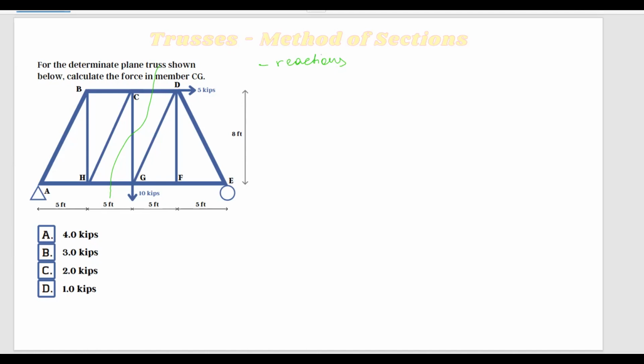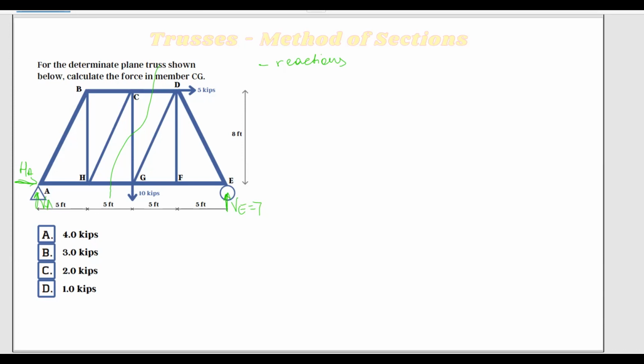We did this in previous problems, so I'm just going to add here VE is equal to 7, I think. And we also have VA, and we have HA. And you can start with either the left side or the right side to calculate the force in member CG.